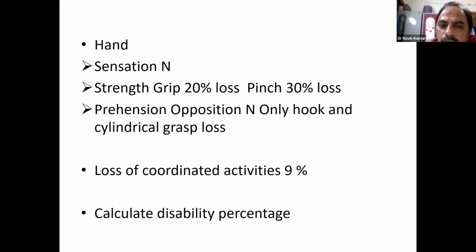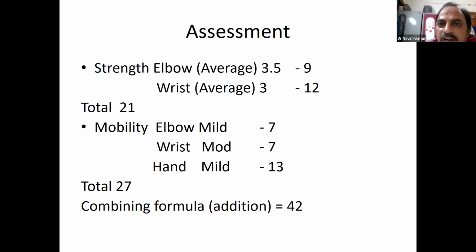So we have to calculate the disability percentage. First we have to do strength. Elbow average is 3.5, so the corresponding percentage loss is 30%. And since the weightage of the elbow joint is 30%, we multiply by 30% again, we get 9%.